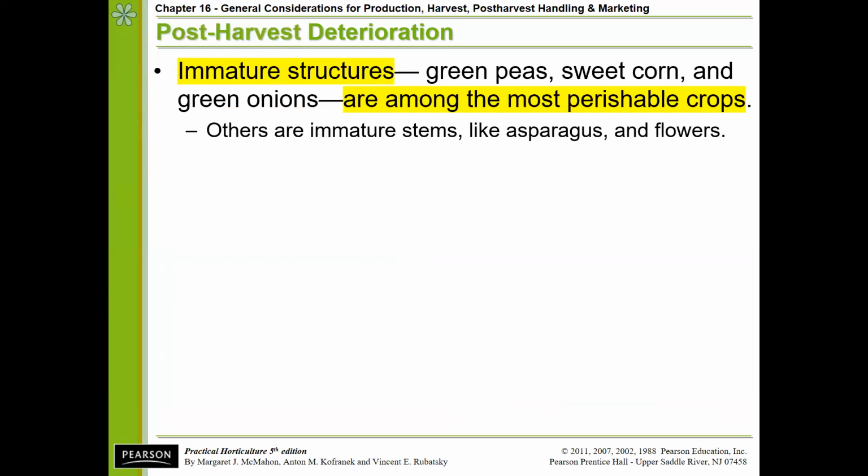Usually we're harvesting a lot of different immature structures, and we're not waiting for them to get to that peak mature stage, because at that point they're not as good. For instance, in peas or sweet corn, if you wait later, then they develop fibers, and in the case of sweet corn, the sugars turn into starches. So these are extremely perishable crops.